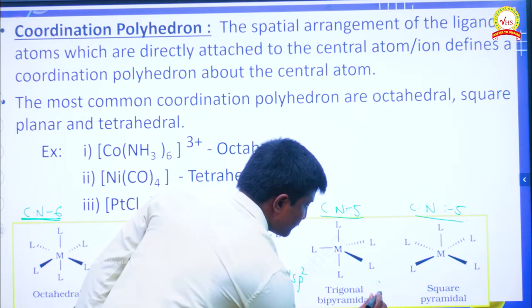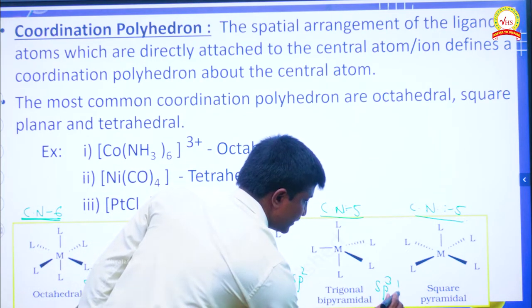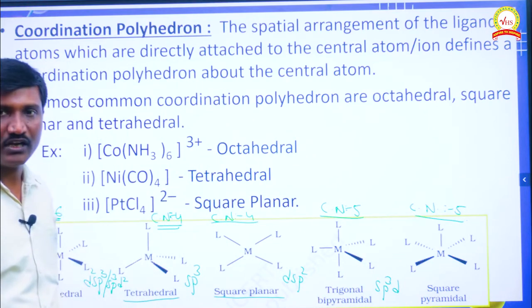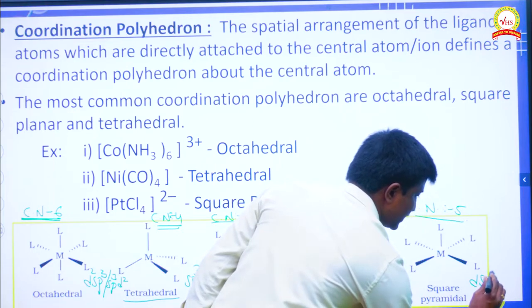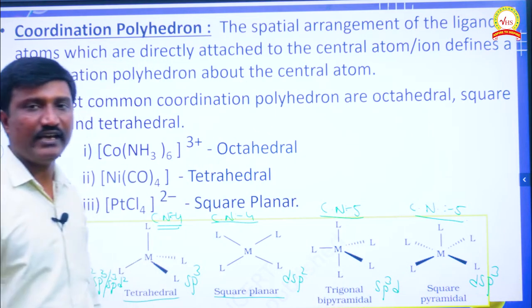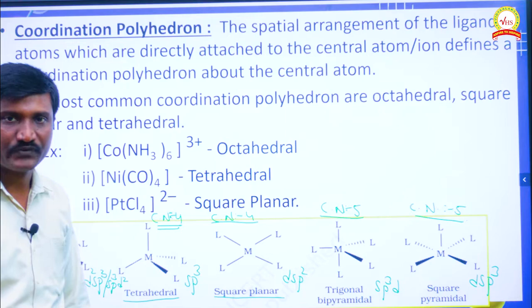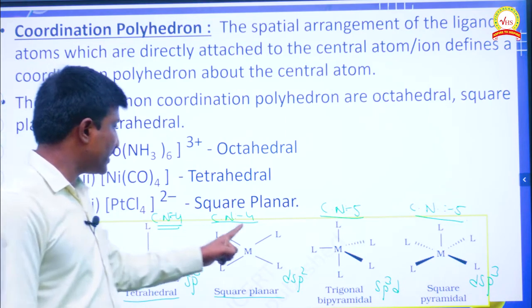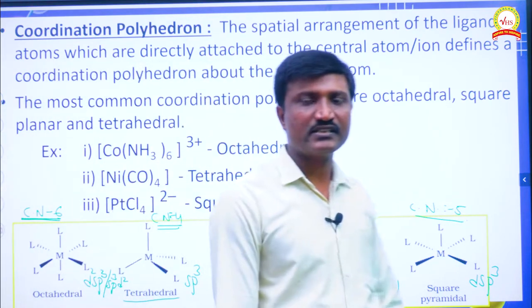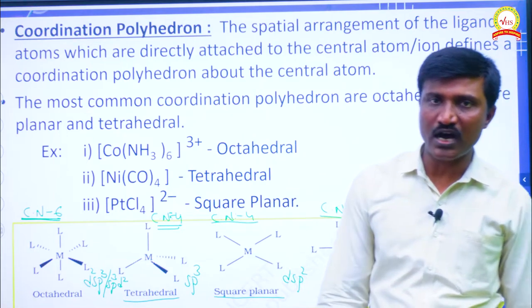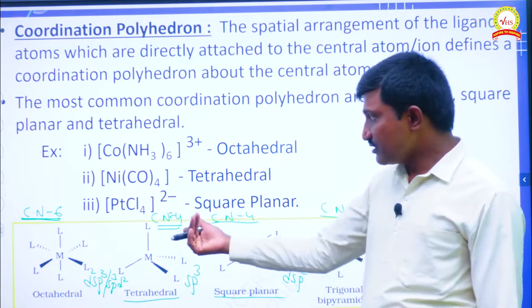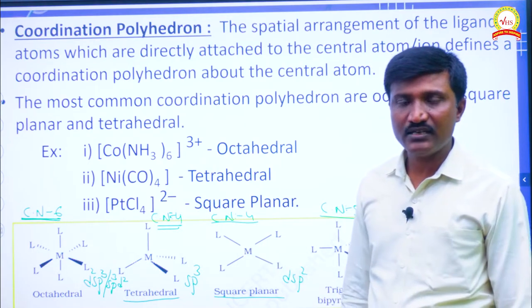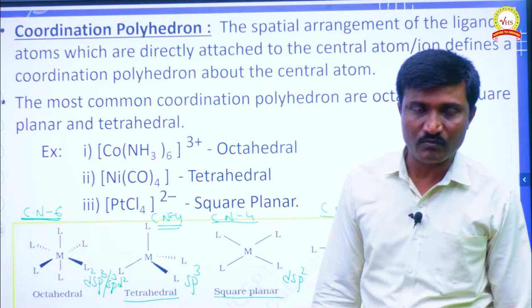If sp3d hybridization is there, it gives trigonal bipyramid shape, and if dsp3 hybridization is there, it gives square pyramid structure. So depending on the coordination number, whether 5 or 6 or 3 or 2 or 1 or 4, the geometry of the complex compound depends.